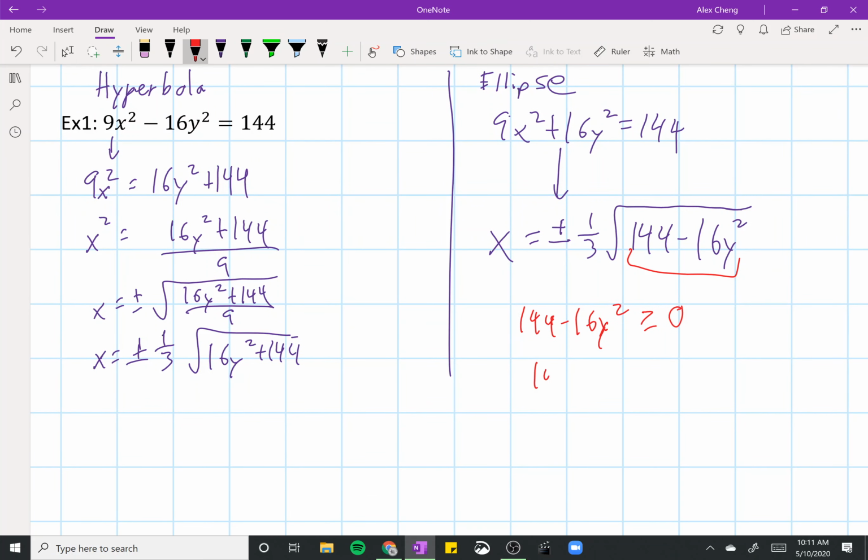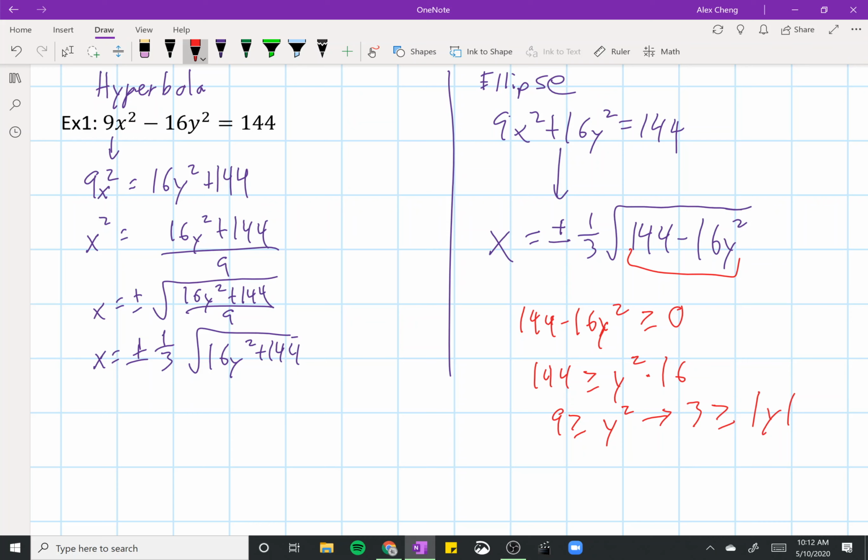If I do some rearranging, we get 144 is greater than or equal to 16y squared. If I divide everything by 16, this came out to be 9 is greater than or equal to y squared. And we talked about how to deal with this inequality and taking the square root. But this essentially means that 3 is bigger than or equal to the absolute value of y, which would mean that our y values are stuck between 3 and -3.